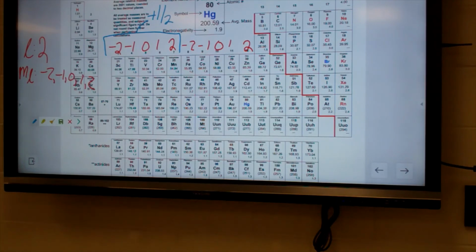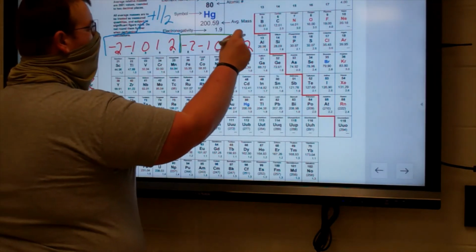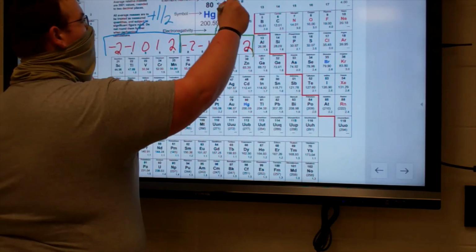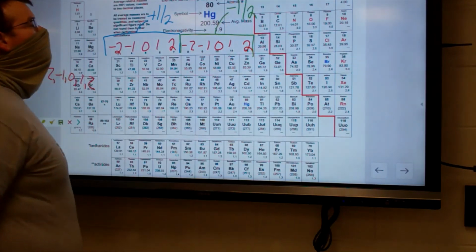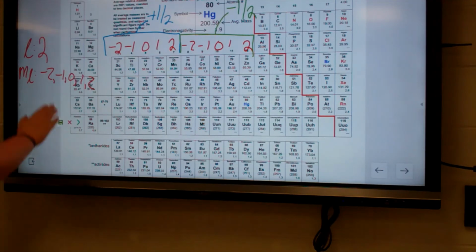Plus 1/2. So columns 3 through 7 is plus 1/2. What about the second one? Minus 1/2, on the same pattern we've been doing.